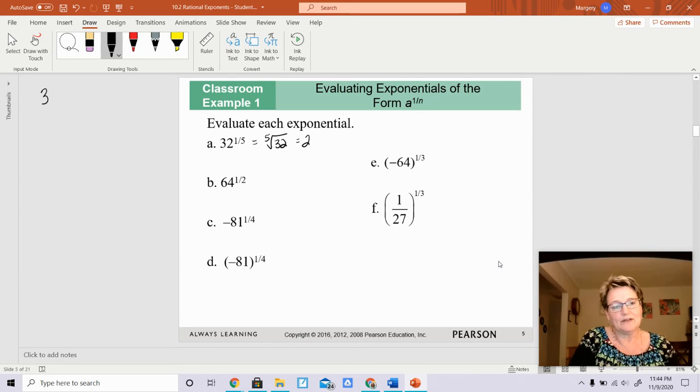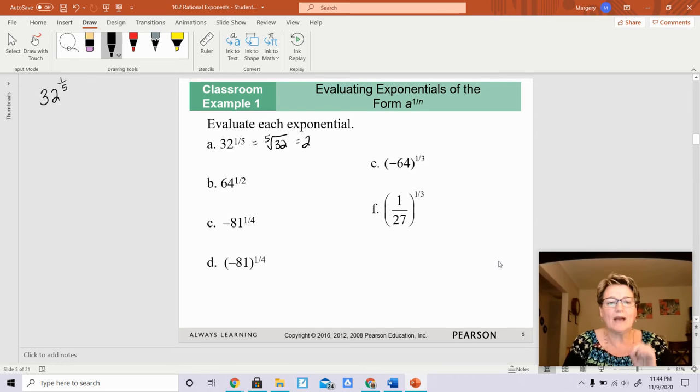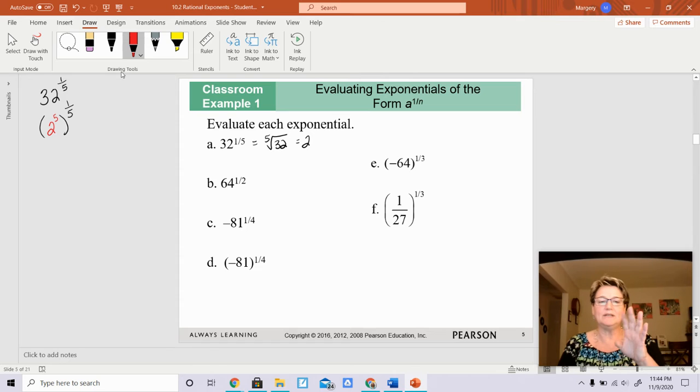If I have 32 to the 1/5, the way you can simplify this is, if you have a power raised to a power, you multiply the exponents. So the number 32, I can write it as 2 to the 5th power. 2 times 2 is 4, 4 times 2 is 8, 8 times 2 is 16, 16 times 2 is 32.